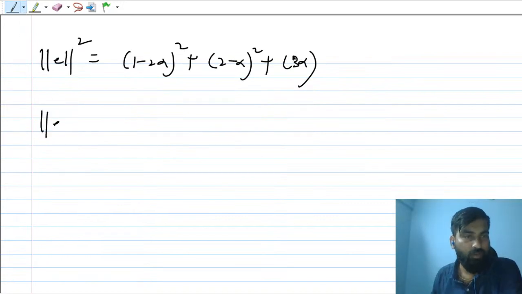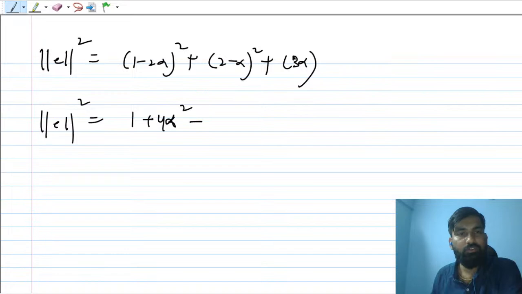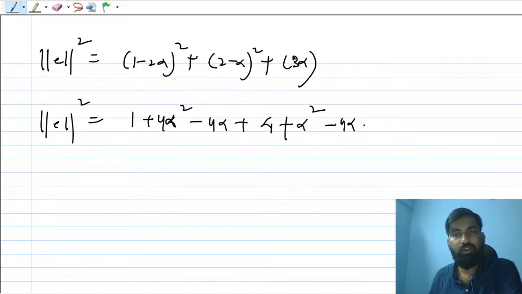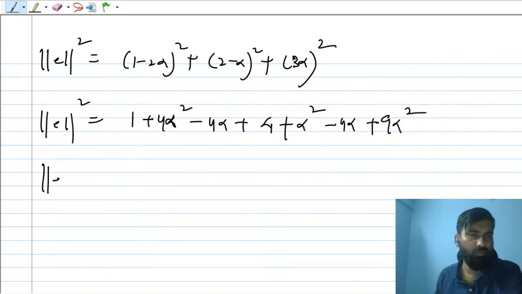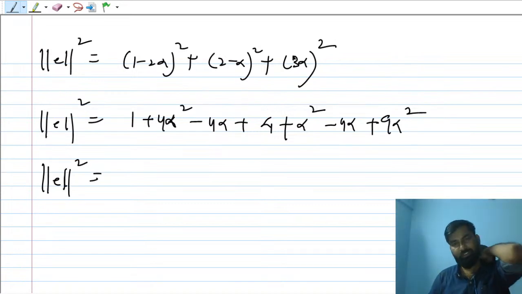So you can open this: 1 plus 4 alpha square minus 4 alpha, plus 4 plus alpha square minus 4 alpha, and this was square only, so it is 9 alpha square. Once you simplify this expression, you can differentiate with respect to alpha and equate to 0 in order to determine the value of alpha, right?